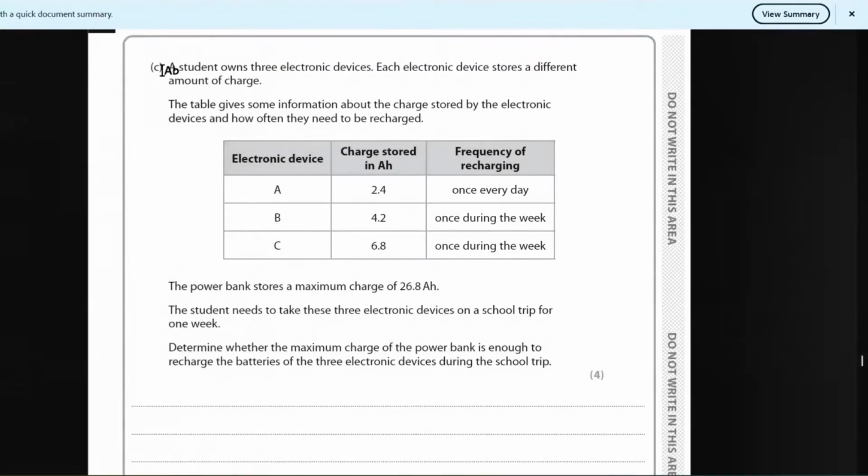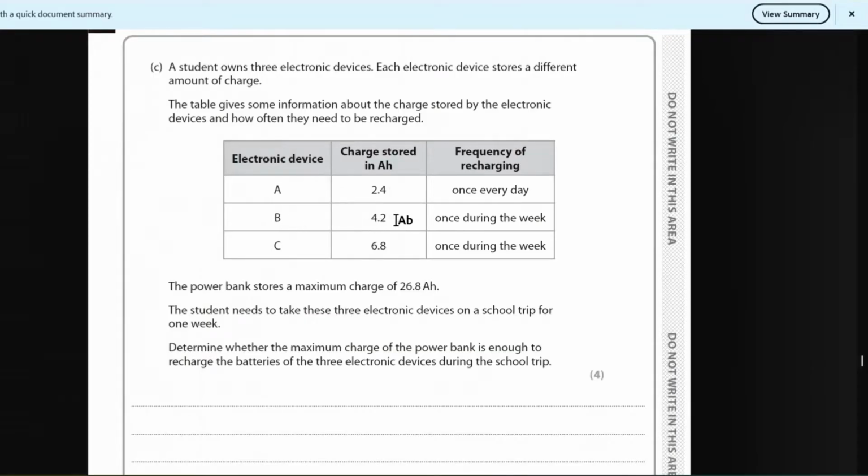Question C. So a student uses 3 electronic devices. Each electronic device stores a different amount of charge. The table gives some information about the charge stored by the electronic devices and how often they need to be recharged. So we have 3 devices, A, B, and C. Device A stores a charge of 2.4 ampere hours.